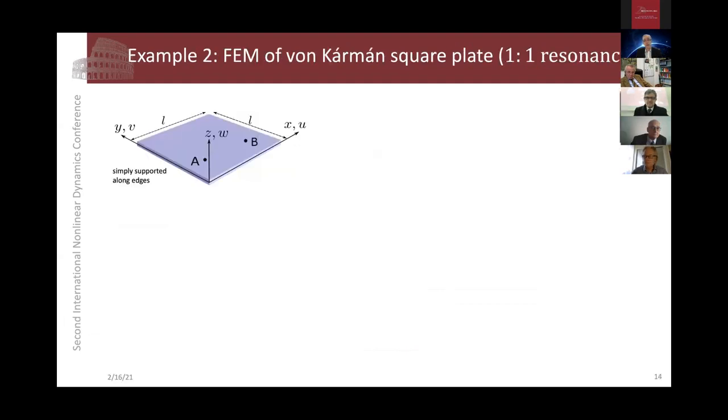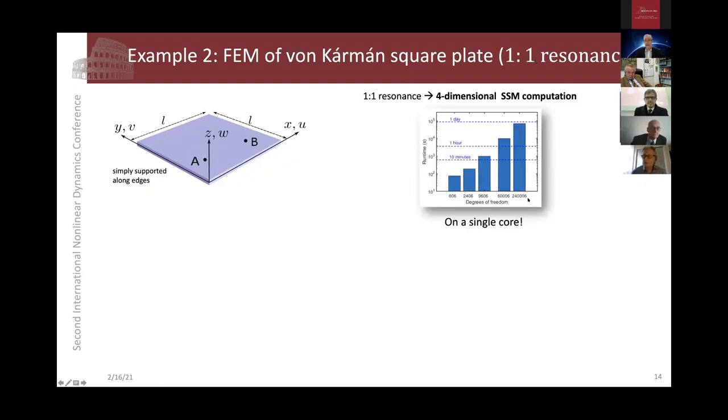This is another example by Ming-Woo Lee. He looked at this plate example, a square plate, and this is a 1-1 resonance because of the geometry, okay? And then when you run this, he did this for 240,000 degrees of freedom. That's a 500,000 dimensional phase space that still took less than a day to run.